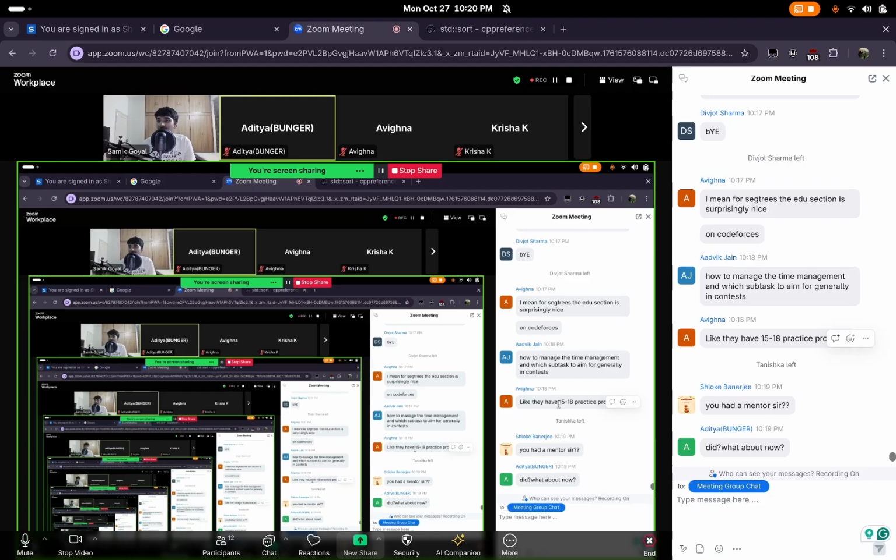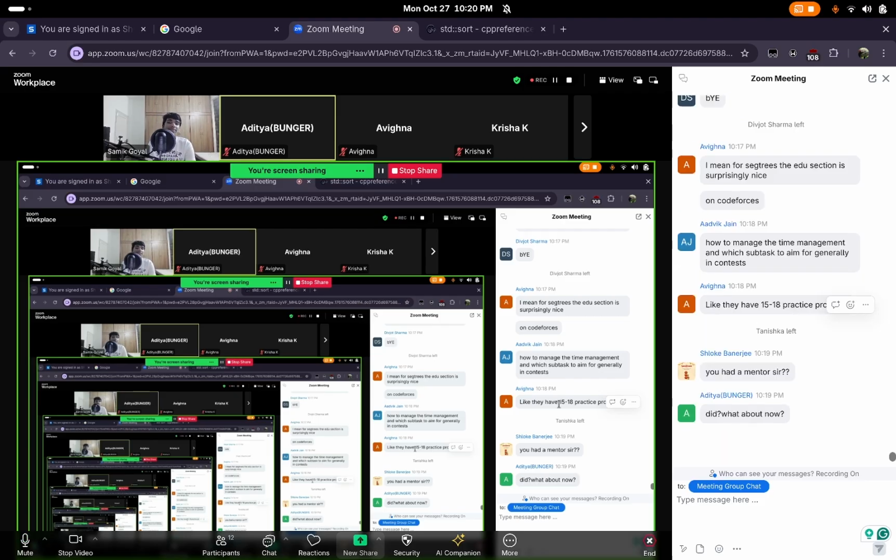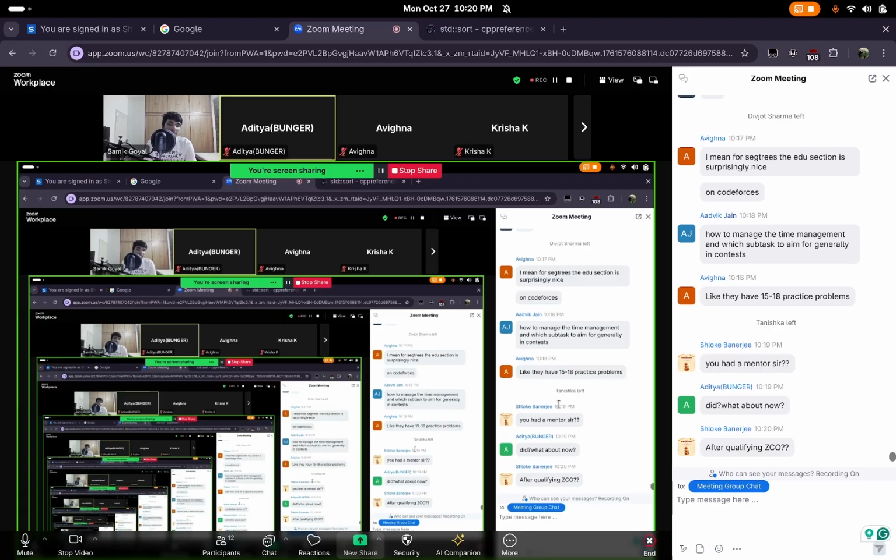After that, self-study. Plus, I'm not really grinding CP that much now, especially with the college admissions coming. In 2024, ZCO was held in April, so this was way before ZCO.